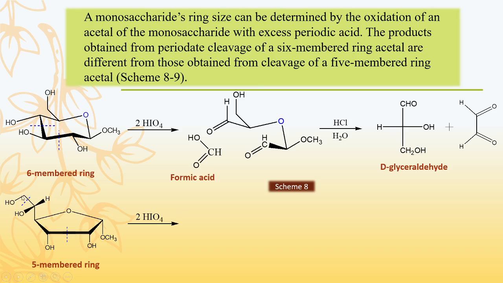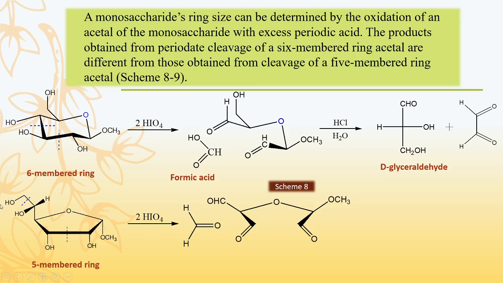That means here a CH2OH is attached to one more OH, therefore in the product after the breaking of this bond, from this we get CH2 attached to two OH groups, and after the removal of water we got formaldehyde as a product. From this we got the formaldehyde and another moiety like this. After the breaking of this, here we got an aldehyde, here we got one more aldehyde. So you can write the structure like this, and this formaldehyde molecule comes from this CH2OH.